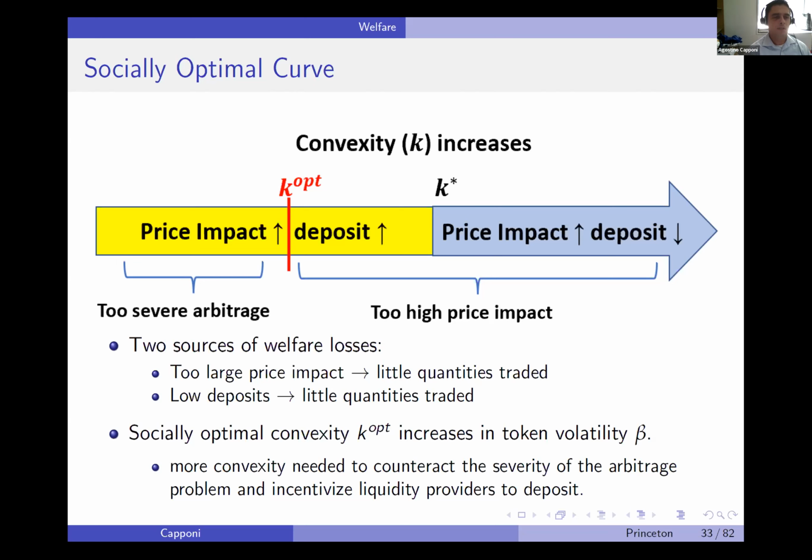So because of these two forces, what is socially optimal, which means maximizing the aggregate benefit, is a pricing function which is less convex than the one that would maximize only the benefit of the liquidity providers. So essentially, more convexity is needed to counteract the severity of the arbitrage problem, and to incentivize liquidity providers to deposit, especially if the token is very volatile. So as there is more volatility in the token, you need to increase the convexity to counteract this effect.